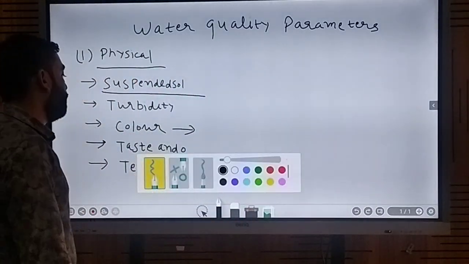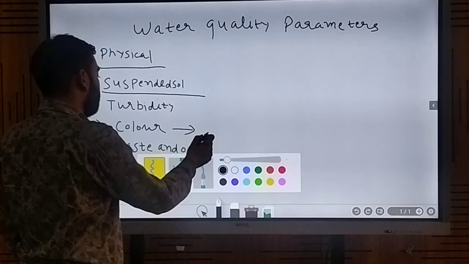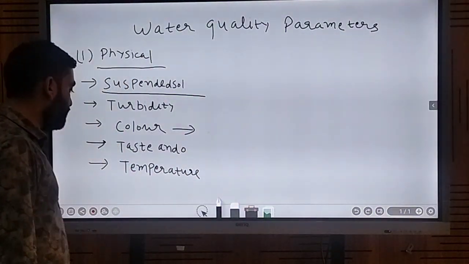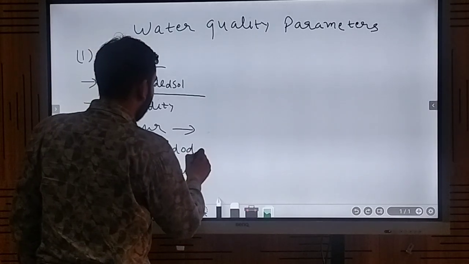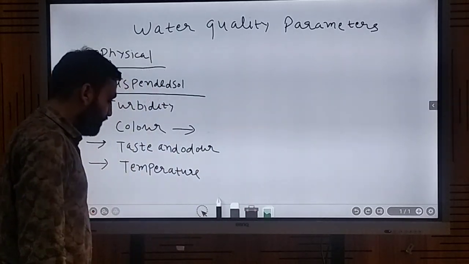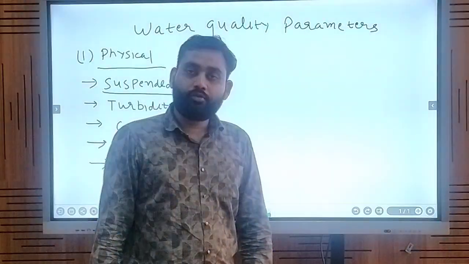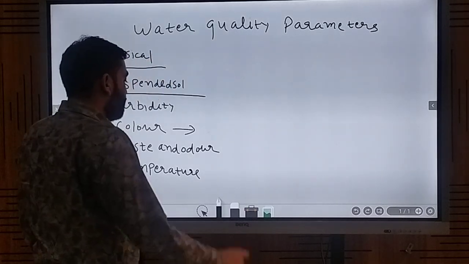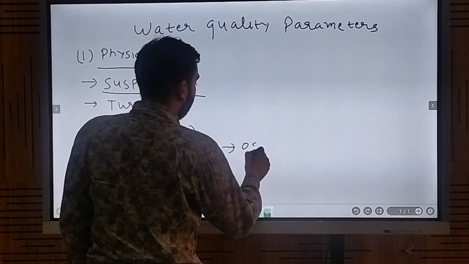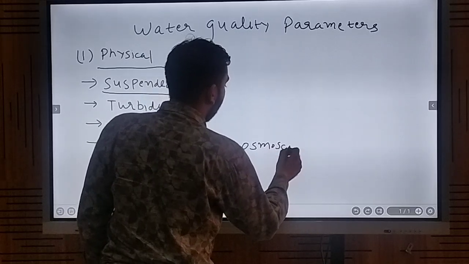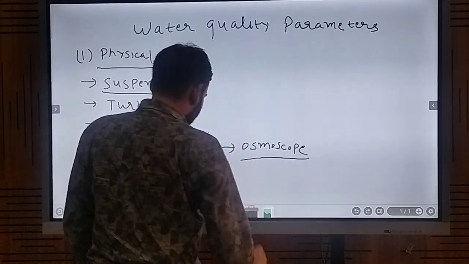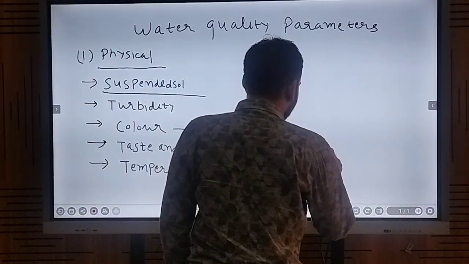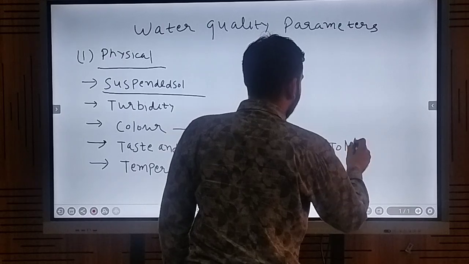After that, the next physical water quality parameter is taste and odor. Taste and odor are again caused by solids present in water. It is measured by osmoscope apparatus which gives the unit in threshold odor number.